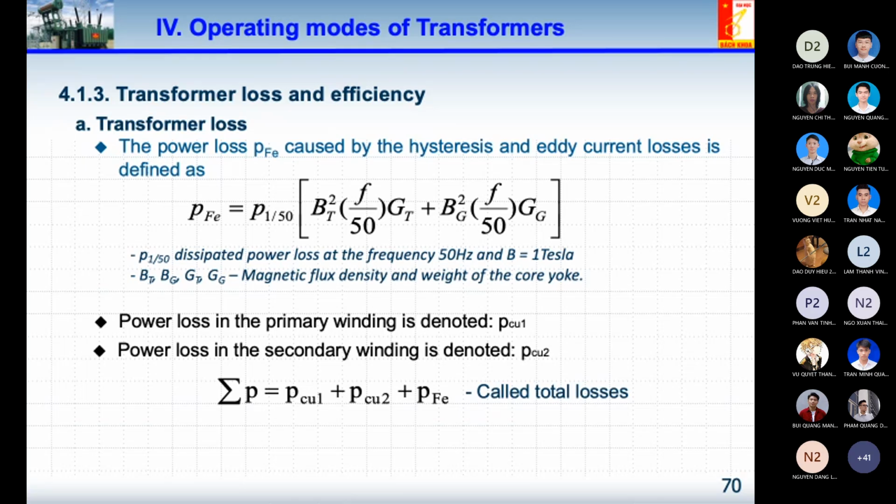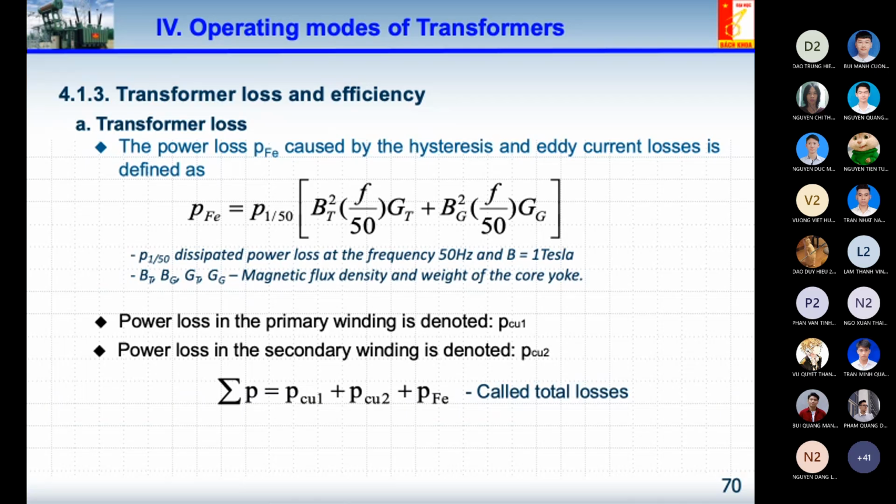And for the no load losses, due to the distribution of the magnetic field in the iron core, we get the hysteresis and eddy current losses.